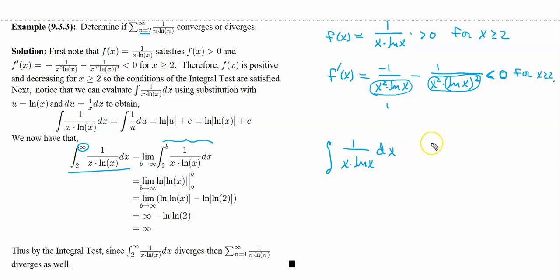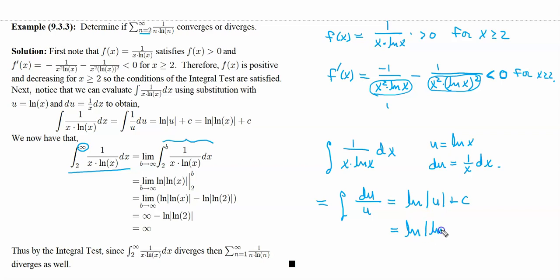Little substitution problem here. u is going to be the ln of x, so du is 1 over x dx. Now the dx over x becomes du, ln x becomes u, and of course this is the ln of the absolute value of u plus c, but u is ln x. And there you go, there is our antiderivative.